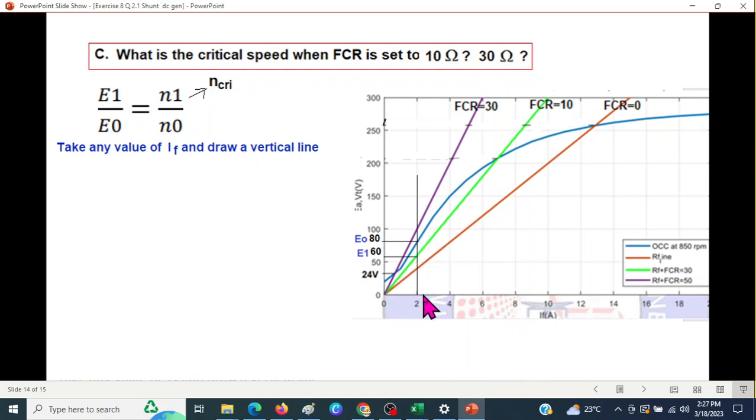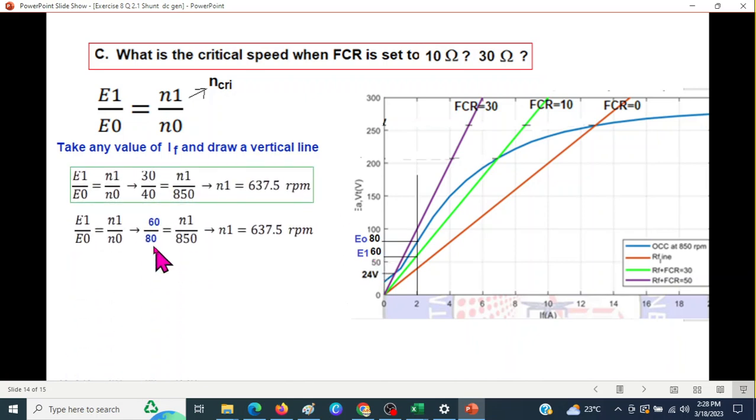So let's say we are here, and at IF2 the intersection with the OCC, we know, is EO, which is 80 in this case, and the intersection with the resistance line is EA, which is 60. So we'll plug in those values here.